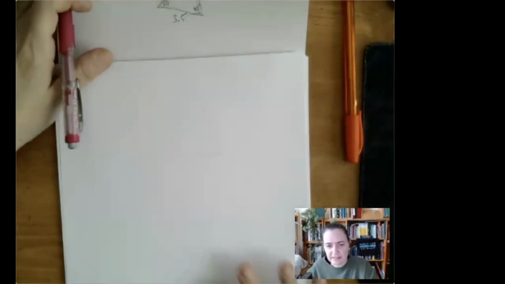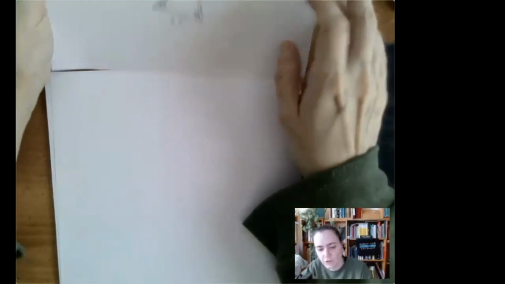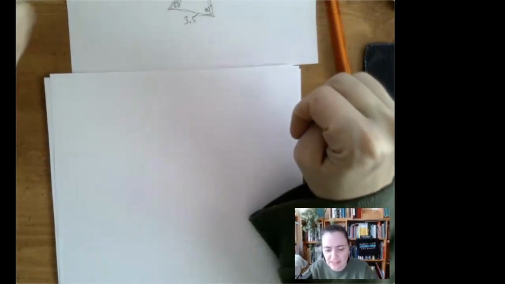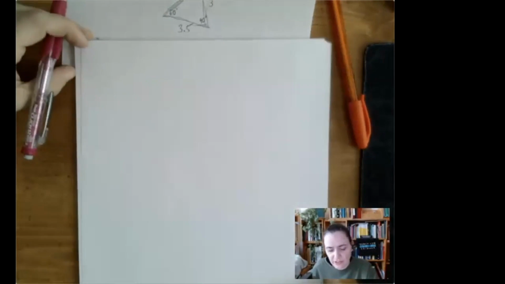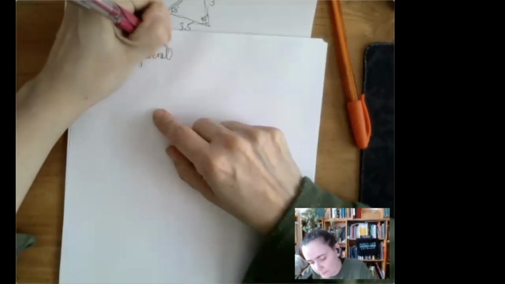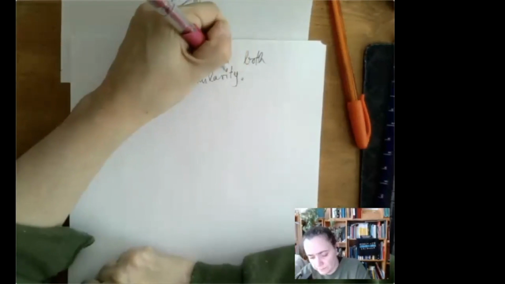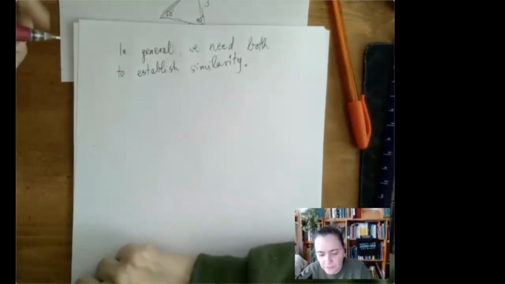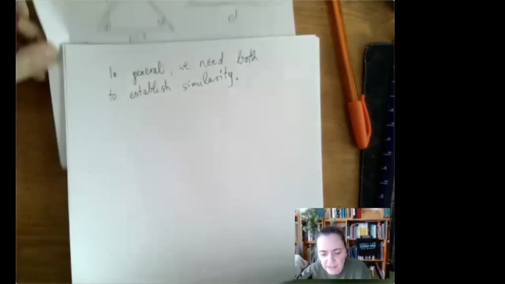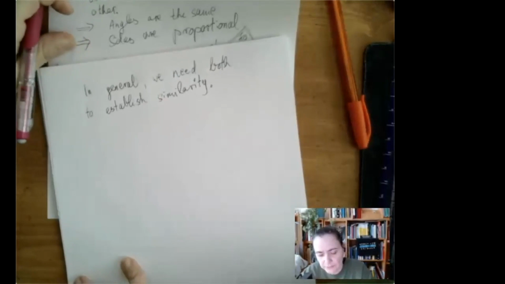So this is what it takes for objects to be similar. And usually you have to have them both so that you can establish similarity. So in general, that means that two objects are similar if and only if we have both of these. The angles are the same and sides are proportional.